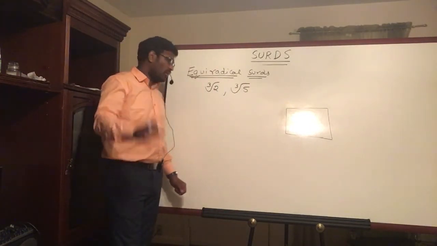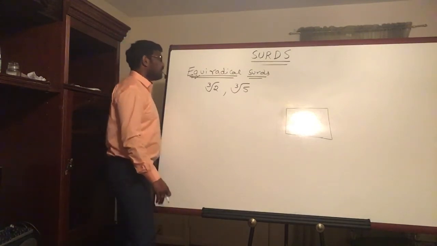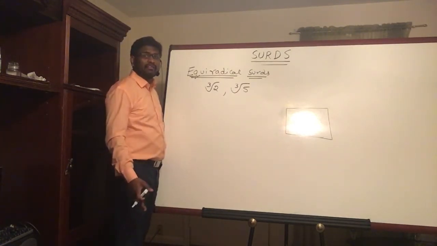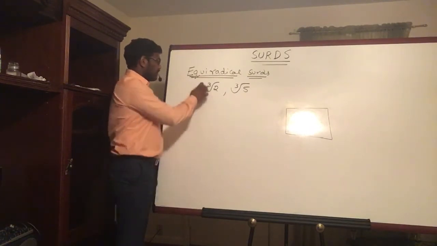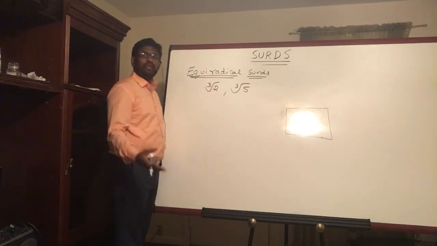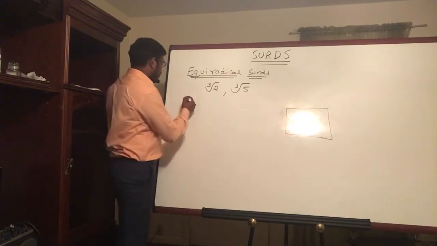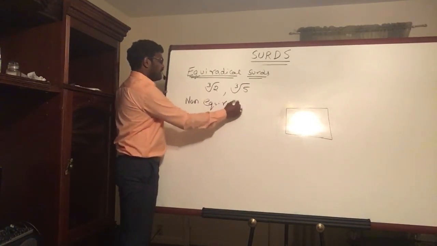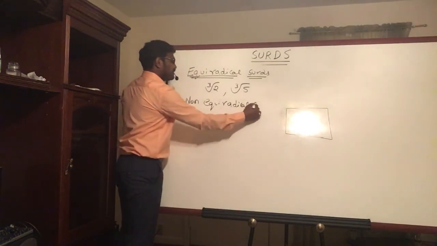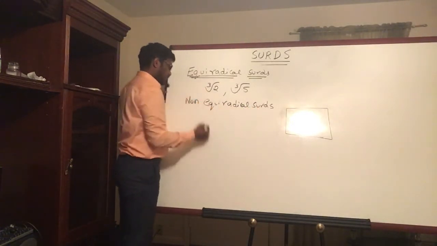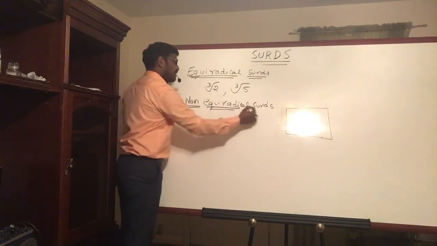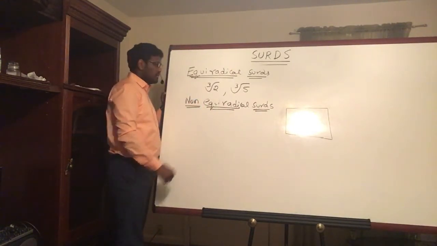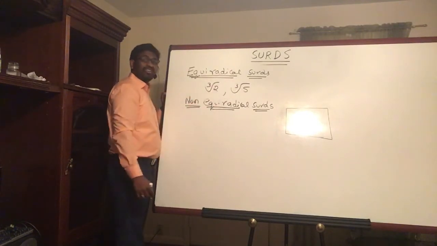Done? So now let's continue with non-equiradical surds. What are non-equiradical surds? Very simple. If the orders are not the same.